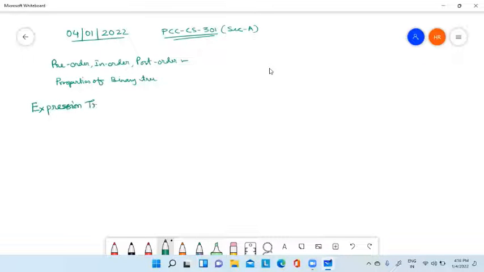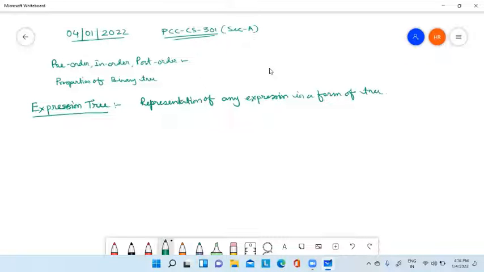expression tree. So generally, expression trees are nothing but the representation of any expression in the form of a tree.